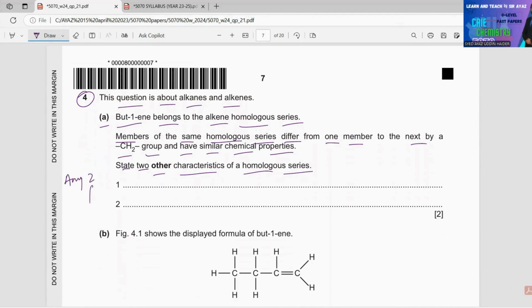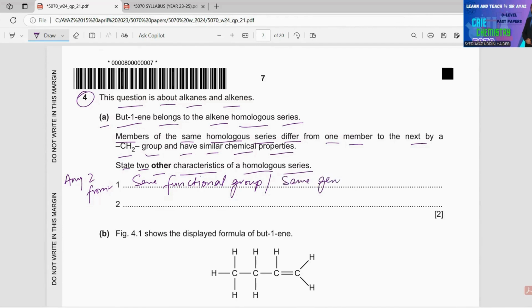Any two from these. So homologous series, they have the same functional group, or the same general formula.